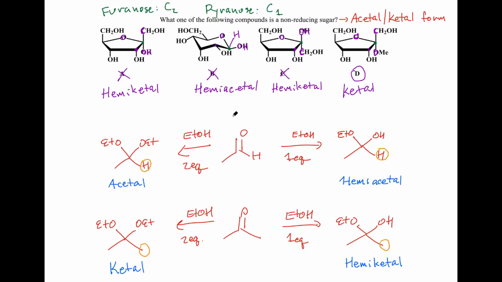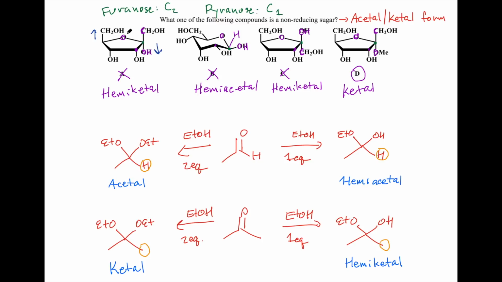Now, to think about this question a little bit deeper, we can essentially look for alpha and beta anomers here. So the OH at carbon number 2 here for a furanose is pointing down, and carbon number 5, so carbon 1, 2, 3, 4, 5, this CH2OH substituent is pointing up.